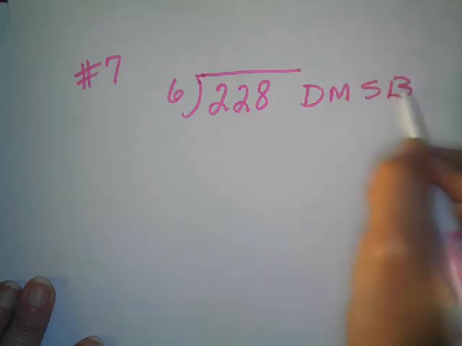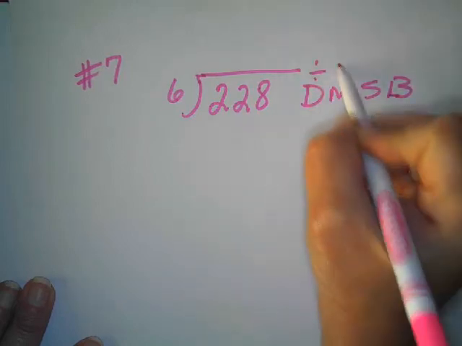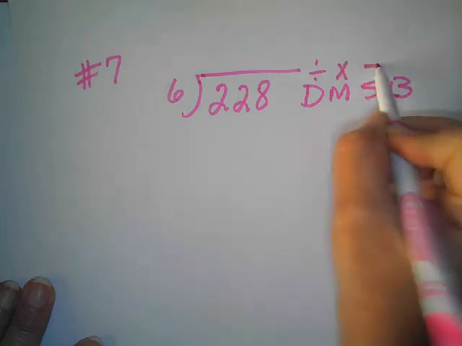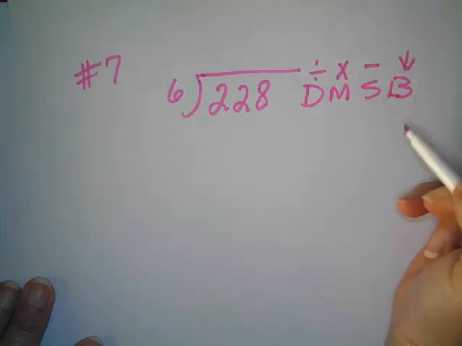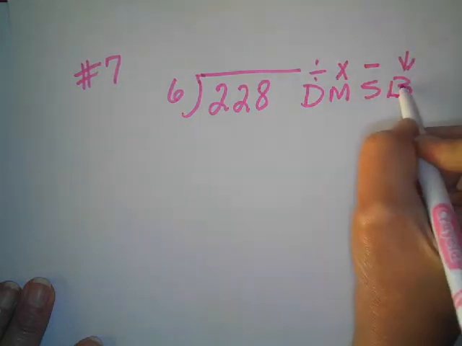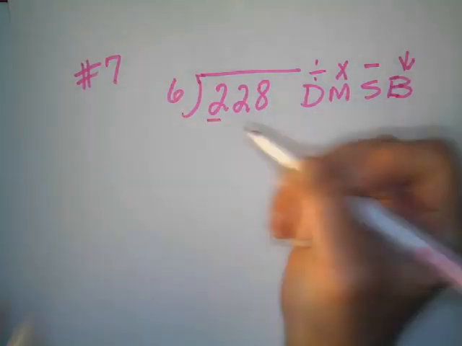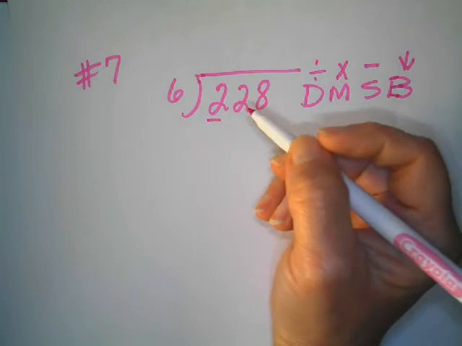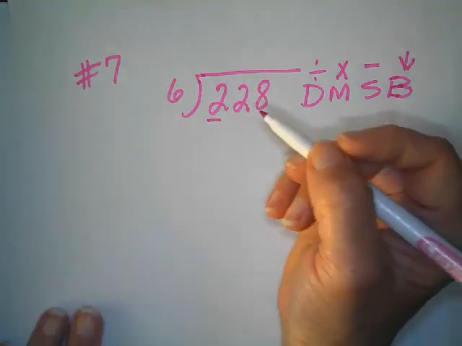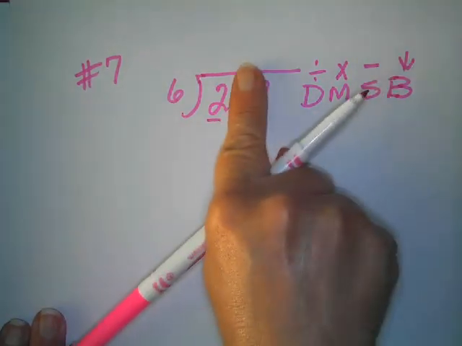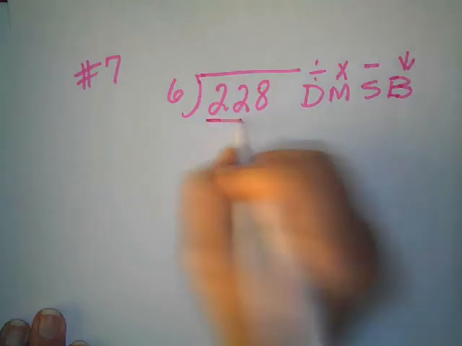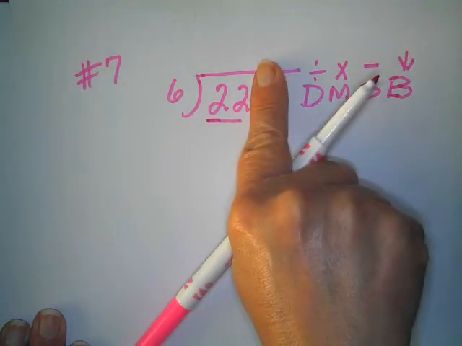D is to divide, M is multiply, S is subtract, and B means to bring down. Okay, so 6. Does 6 fit inside the number 2? It does not. So we need to grab the next number, and now we have the number 22.